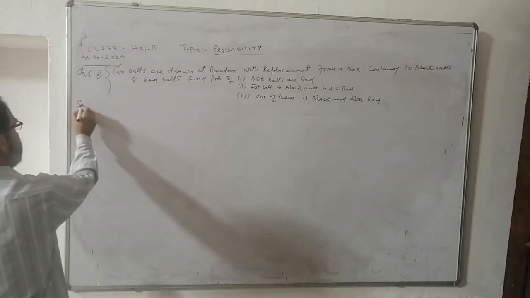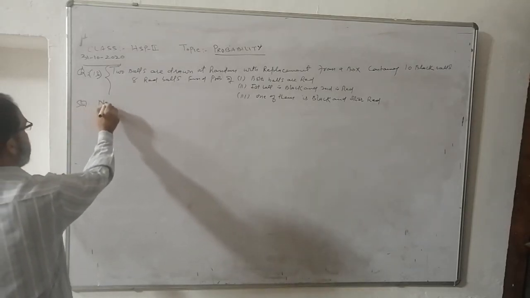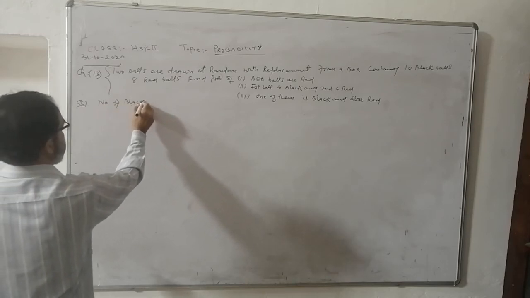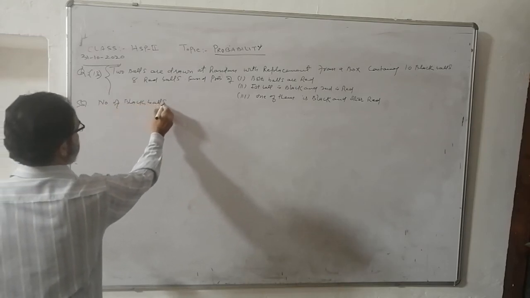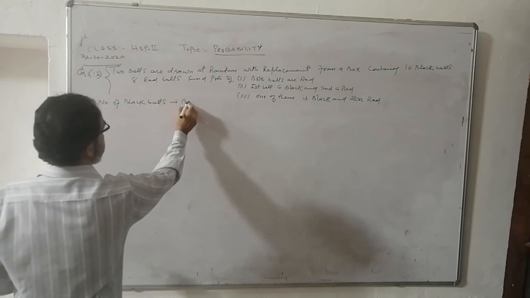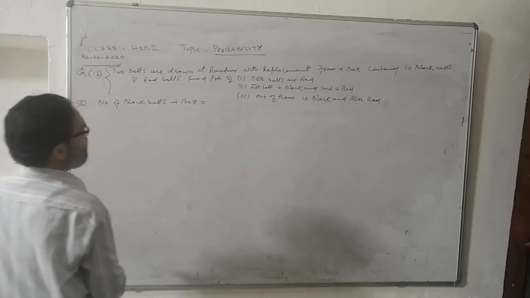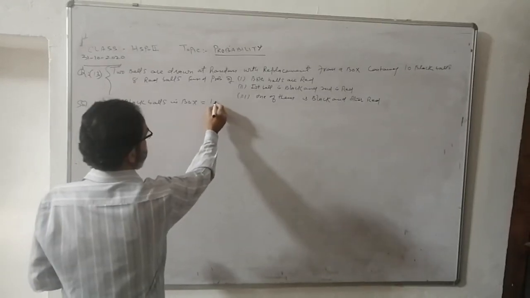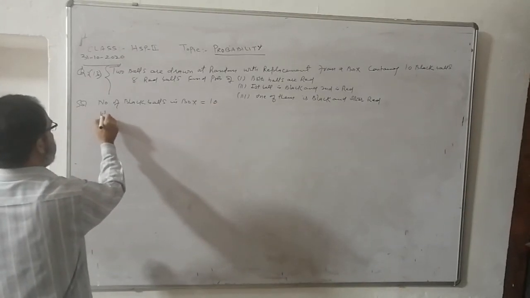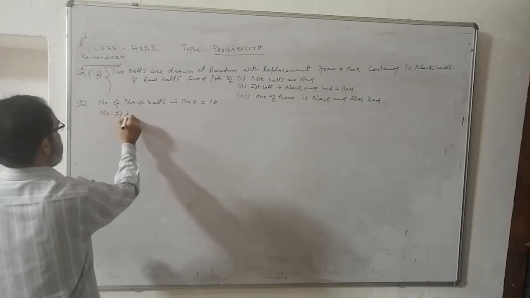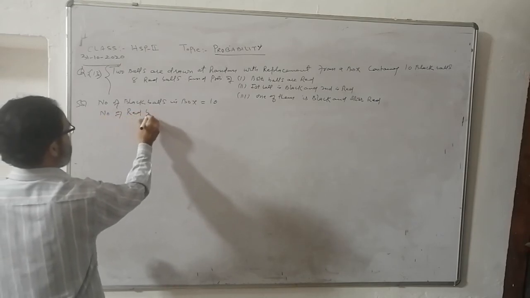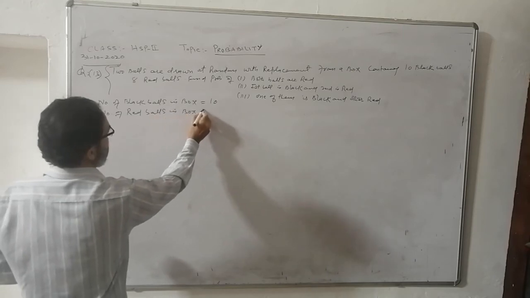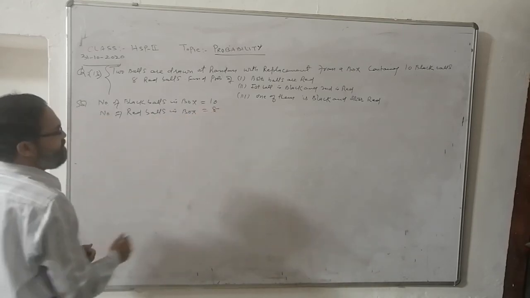Let us say the number of black balls in the box is 10, and the number of red balls in the box is 8.